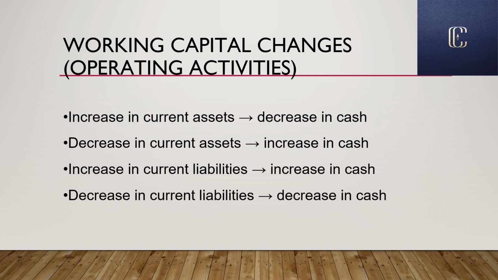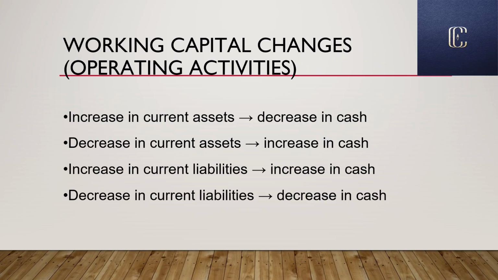These items directly affect cash available for daily business operations. First, we should understand the logic behind that: did cash get used or did cash come into the business? Automatically, when working capital changes, that is where cash moved.